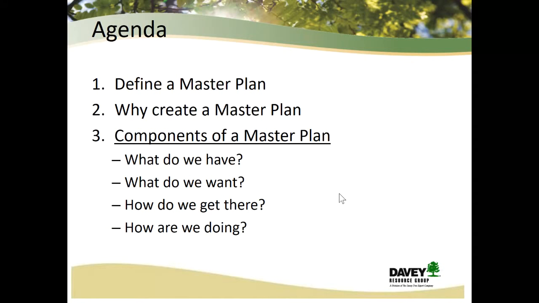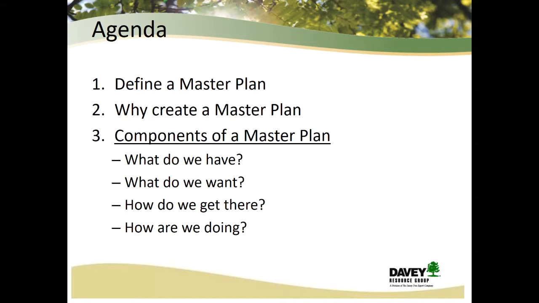Sometimes communities or nonprofits will go through a master plan to help advocate for why they need to do a tree inventory or an urban tree canopy analysis. So it can almost be like a fundraising arm or an advocacy tool. You can point out, hey, I wish we knew what our tree inventory was, but we don't have one. Or I wish I knew what the people thought of trees, but we don't have that.